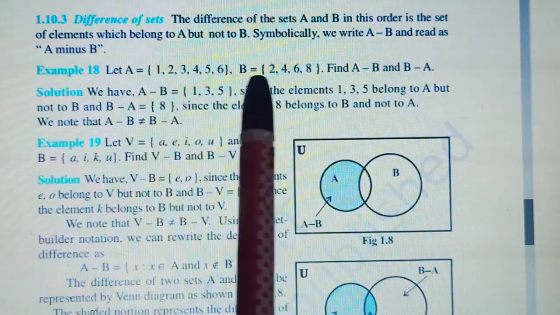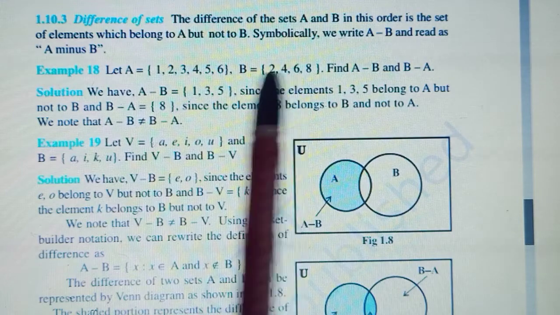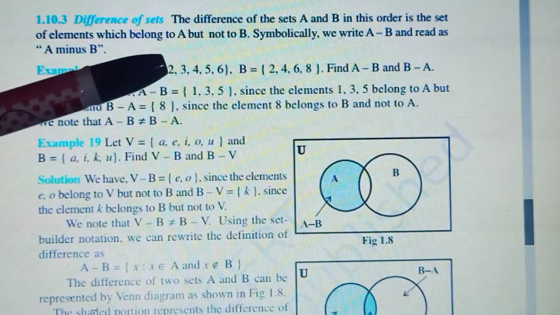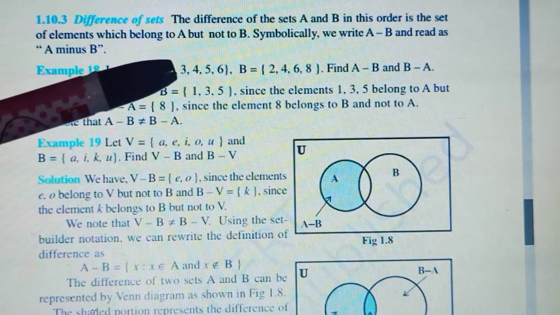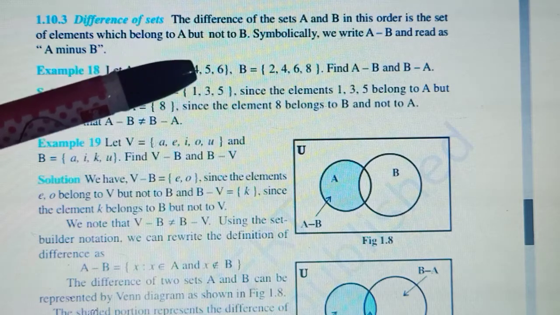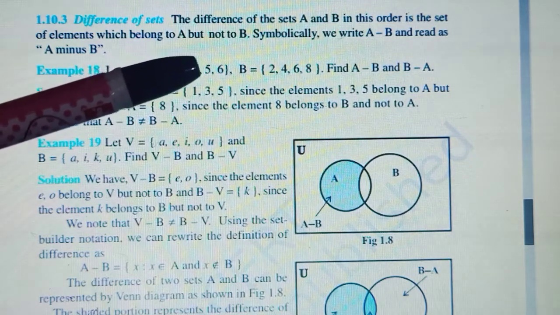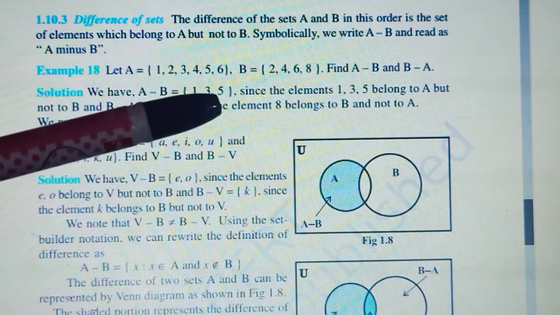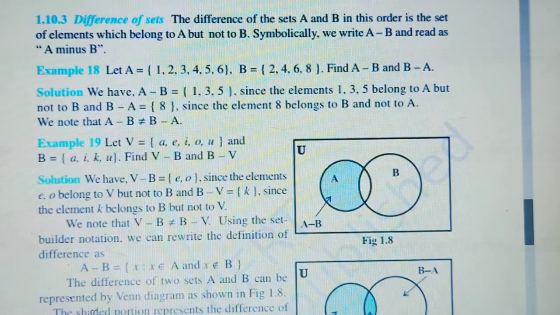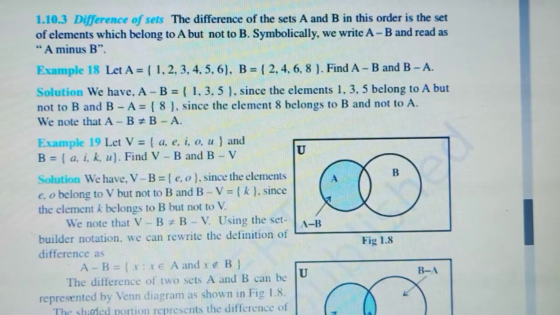Like you see 2 here and 2 here, so you'll eliminate this 2 from here. So 1 will come because it was not in B. 2 will be removed because that was in B. Then 3 will come. 4 is also in B, so you'll remove 4 from here. Then 5 will come because it is not in B. 6 was in B, has to be removed. So A minus B: all elements of A which are present in B have to be excluded.